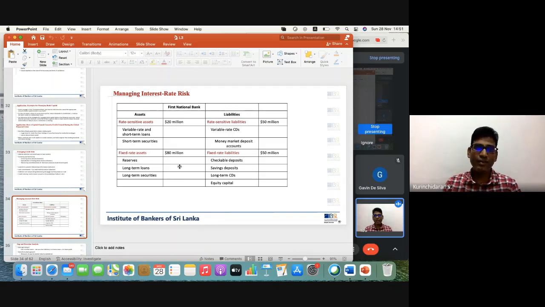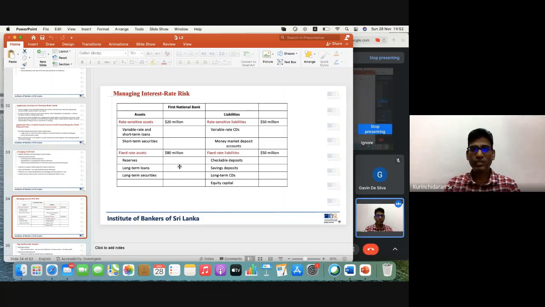Or the second one is short-term securities. If it matures in 3 months' time, you have to go for a new one, so that also will get repriced. When you go for fixed rate assets, there's no interest rate reset, it's fixed for the long term, like long-term loans or long-term securities.